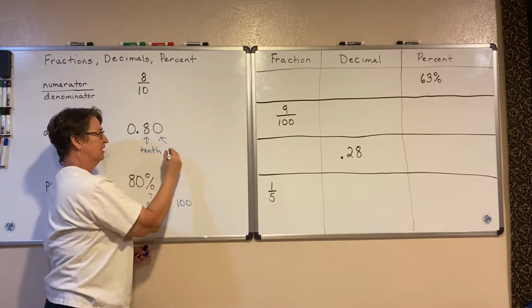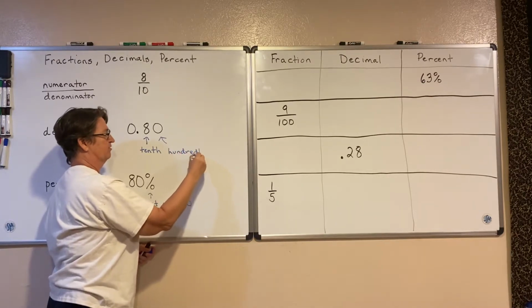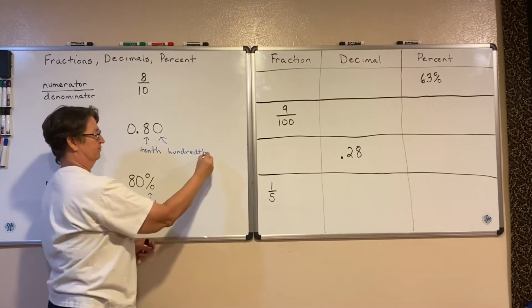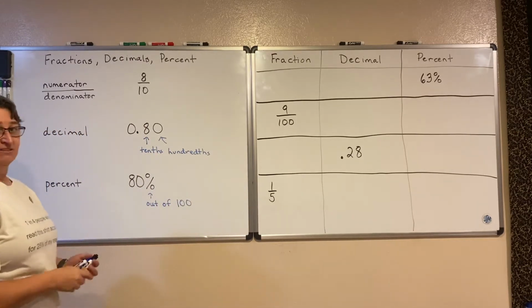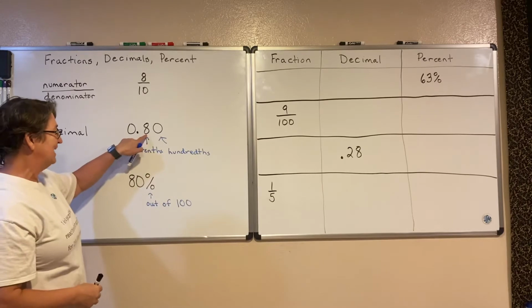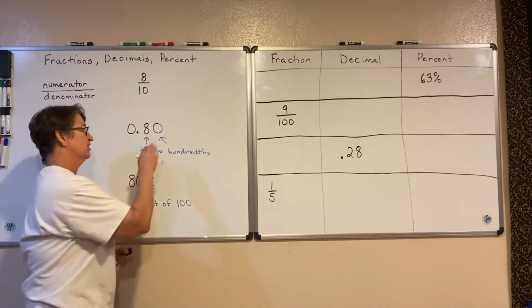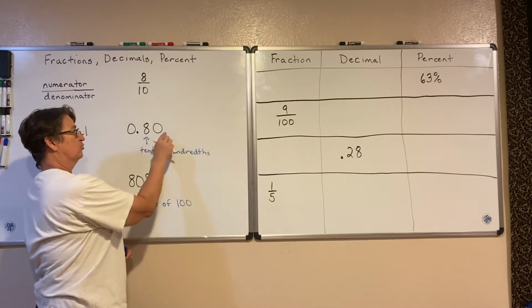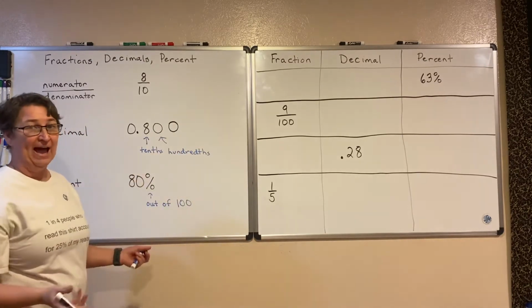This place is called the hundredths place. This is the hundredths place. Hundredths, tenths. And then I could keep adding zeros back there because 8 dimes, 0 pennies is the same thing as just the 8 dimes, which is the same thing as if I put another 0 back there, maybe half pennies.